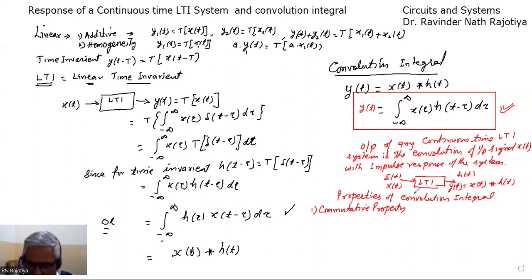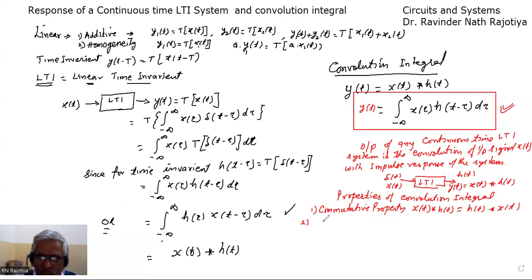It says that if there are two signals convolved with each other, x of t convolved with h of t, then as per the commutative property, we can write this as h of t convolved with x of t. This is the first property.